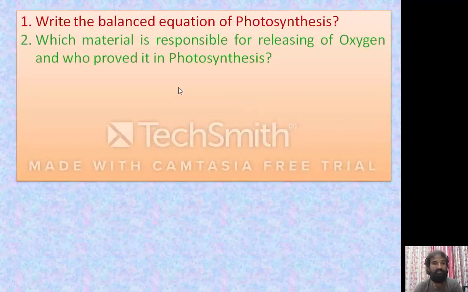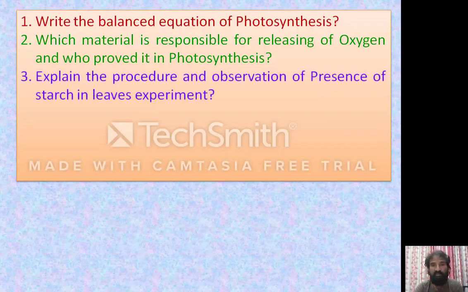Now the questions. First, what is the balanced equation of photosynthesis? Second, which material is essential for the release of oxygen, and who proved it in photosynthesis? Third, explain the procedure and observation of the experiment on the presence of starch in leaves.